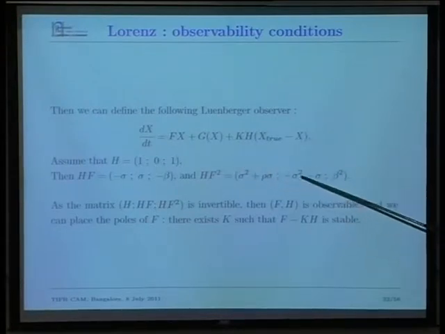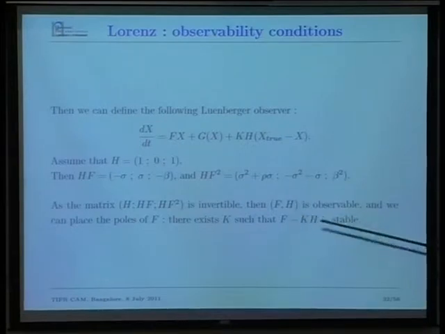I used MATLAB to check that the matrix H, HF, HF square is a full rank matrix. And in this case, the couple F, H is observable. And then we can place the poles of F. We can stabilize F, find K such that F minus KH is stable.